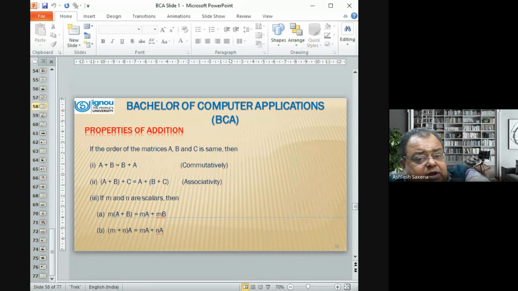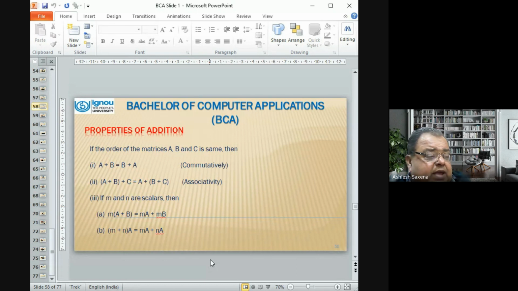That is commutativity. If we talk about associativity, it will be A plus B plus C, which will be similar to A plus B plus C. If you multiply a matrix by M or N, you will be multiplying A plus B by a matrix, which will be equal to MA plus NB.